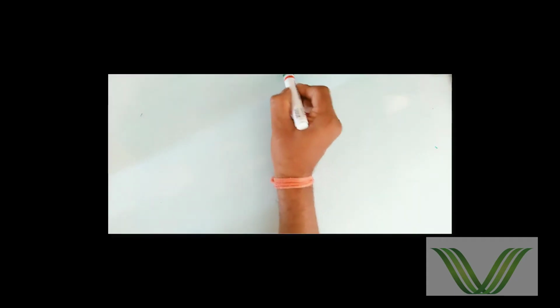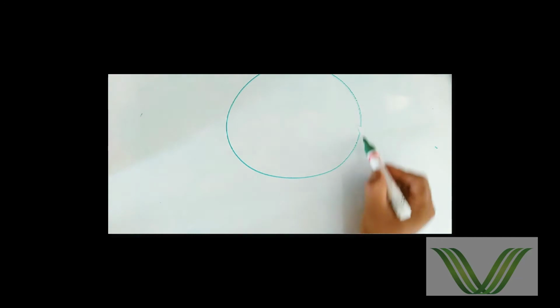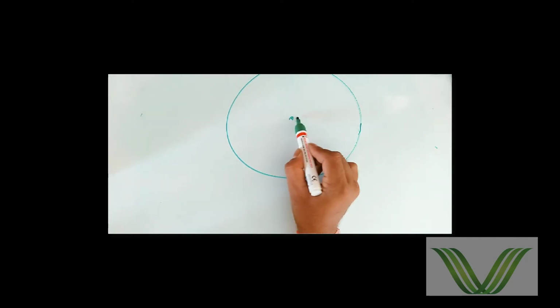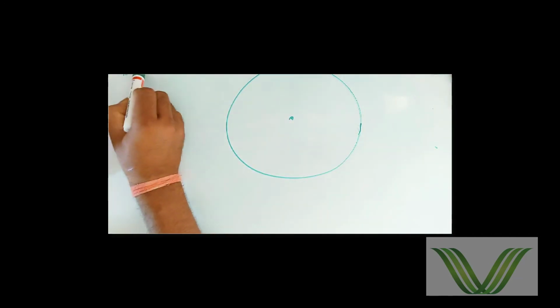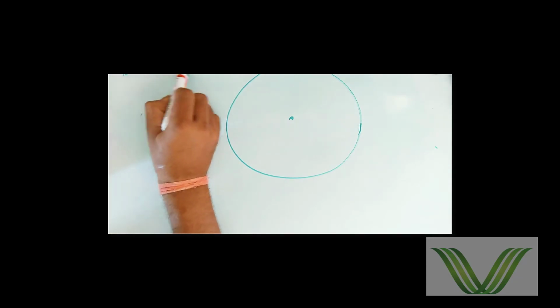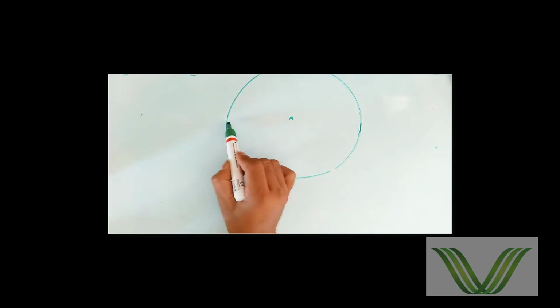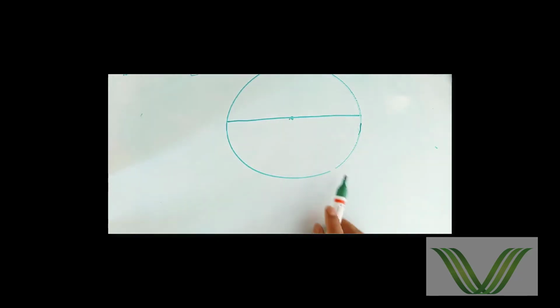Now what is diameter, right? In simple words, diameter will be twice the radius.